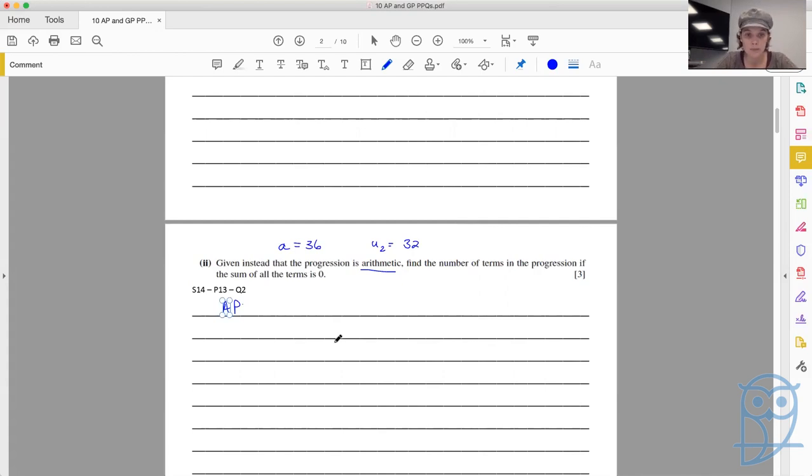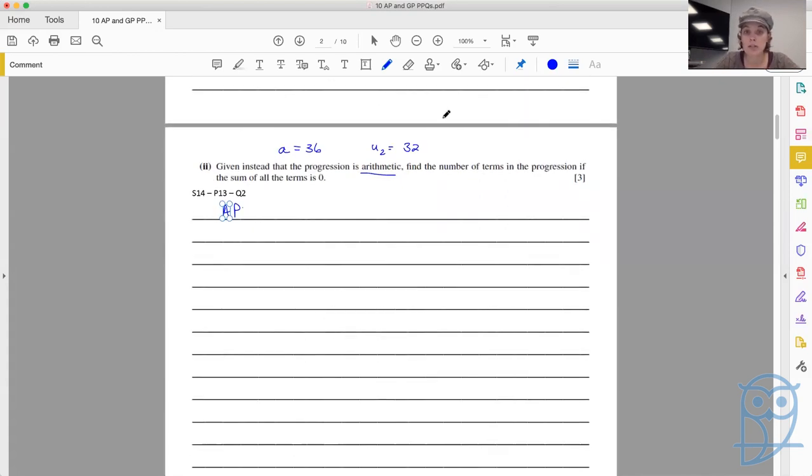Okay, so we have an arithmetic progression, so all about addition. We know that A equals 36. We know that U2, the second term, equals 32.